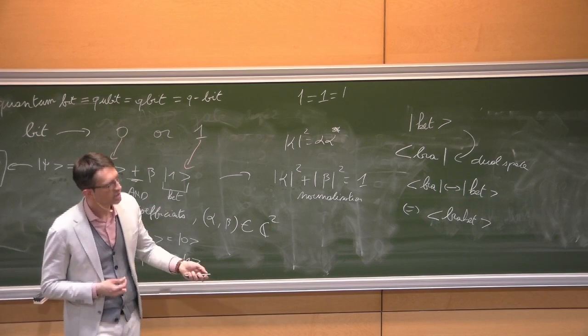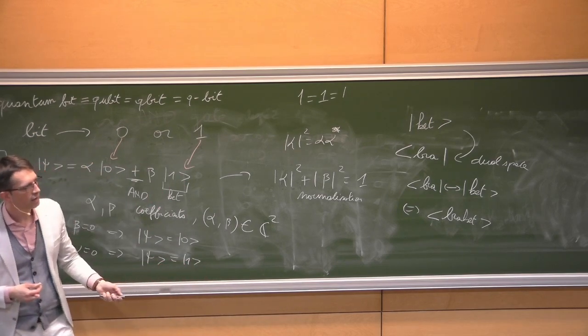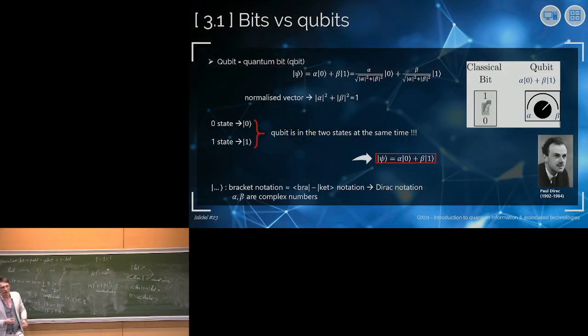This was derived by the physicist Paul Dirac, who came up with this notation, which still seems a bit obscure for now and does not make sense, but we will see later on that it does make sense.